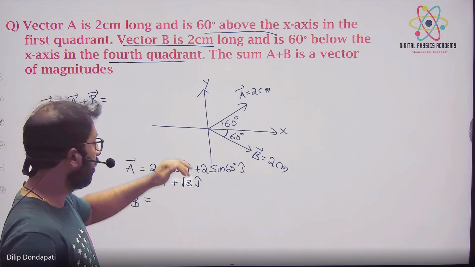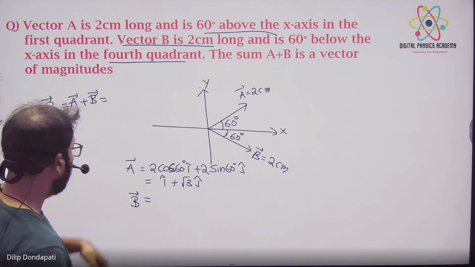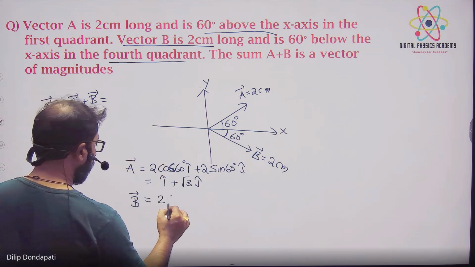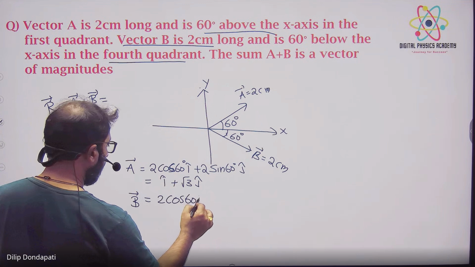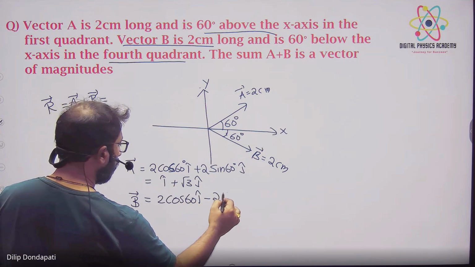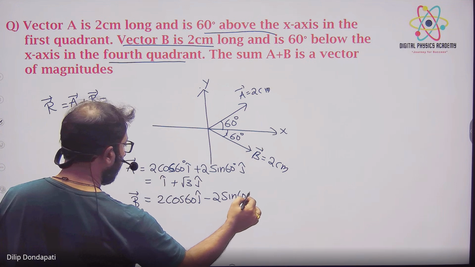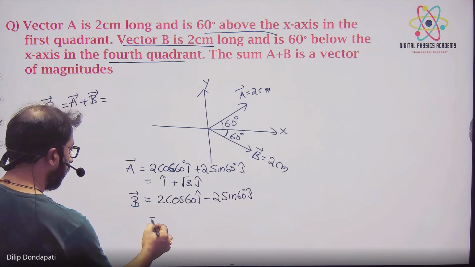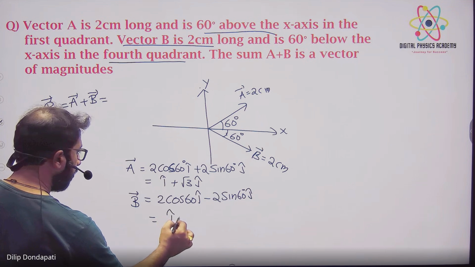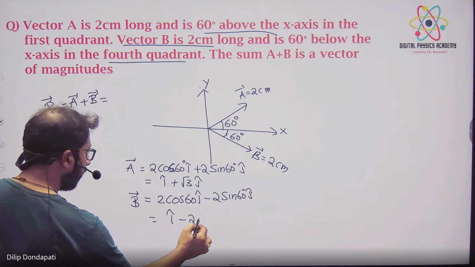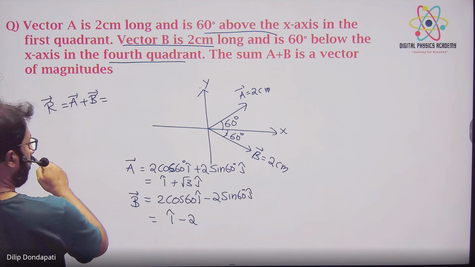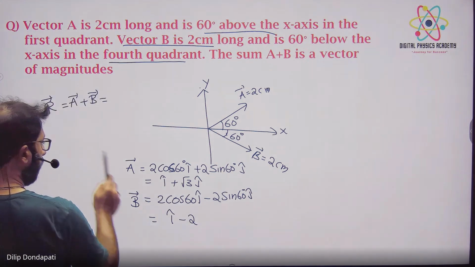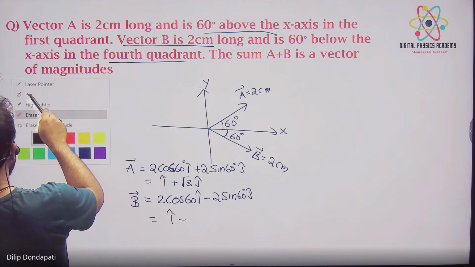So 2 cos 60 i cap minus 2 sin 60 j cap. Minus आएगा, bottom में minus लगाने का. कितना होगा? Same thing: i cap minus √3 j cap.